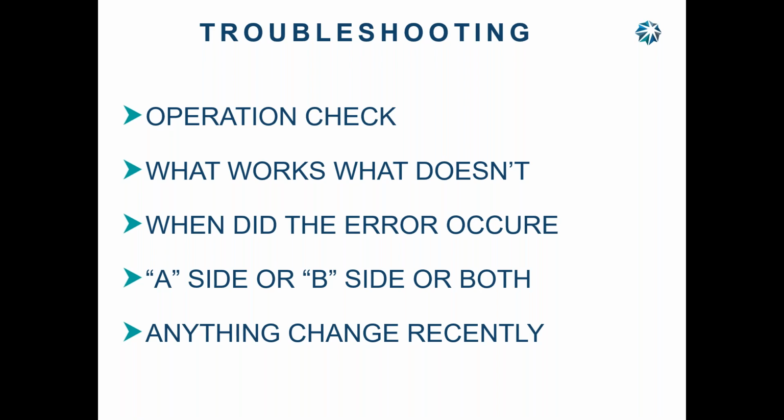Has anything changed recently? I had one site in Virginia, everything was working great. All of a sudden, they couldn't inject above 6.5 milliliters per second. Purchasing decided to go to a different size tubing, IV tubing, which was only rated at 6.5.